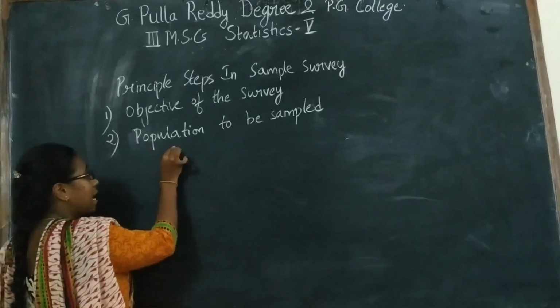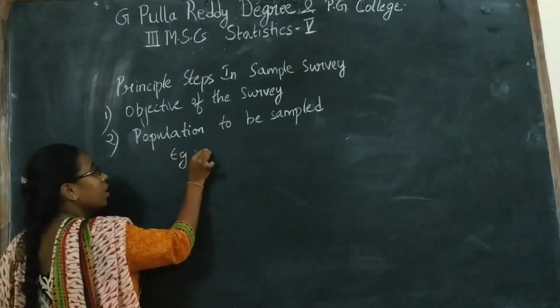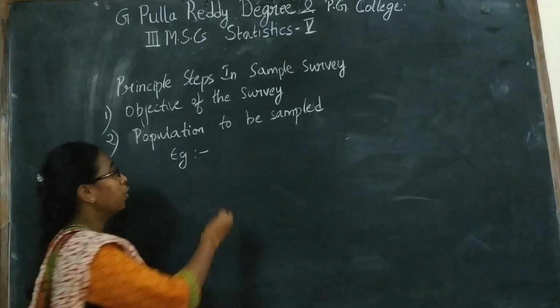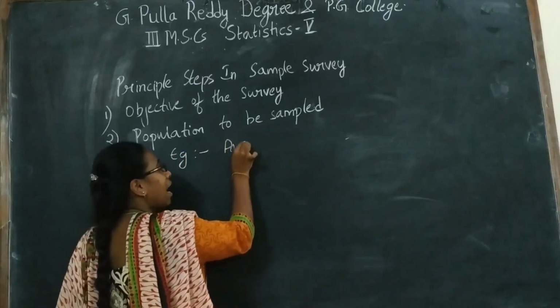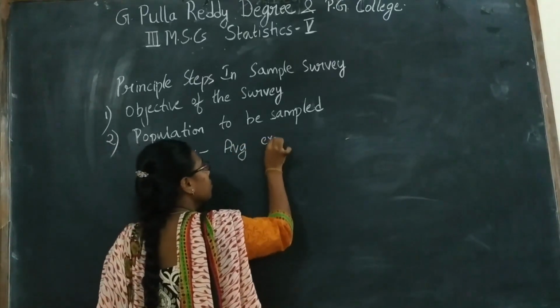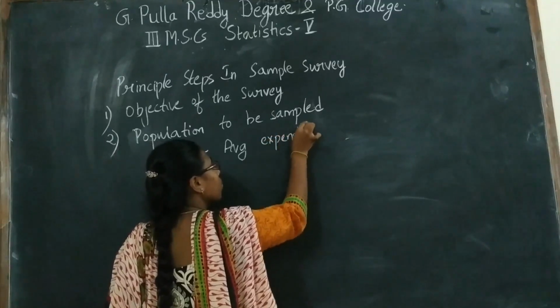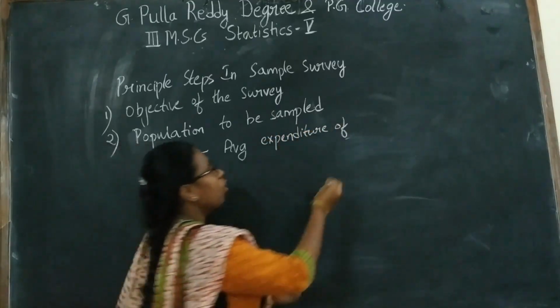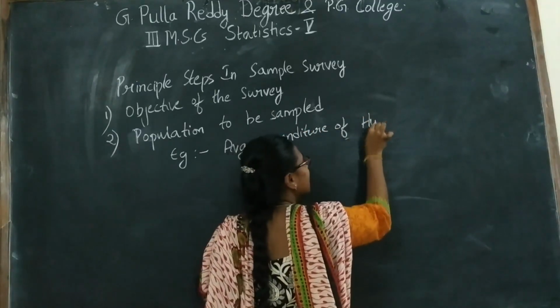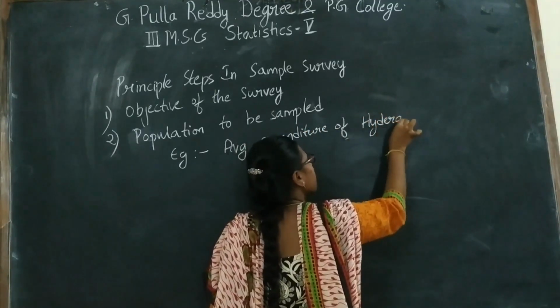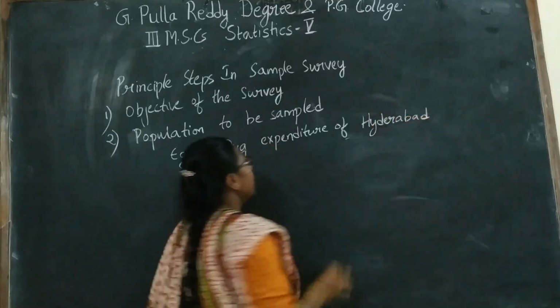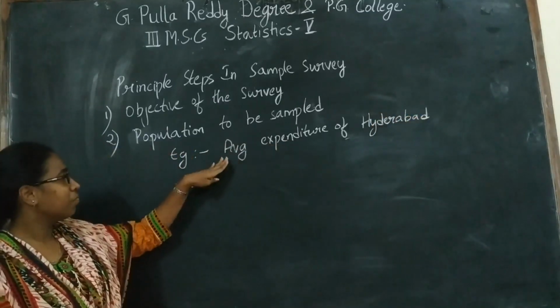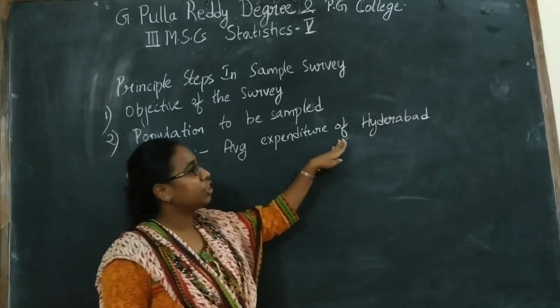Suppose for example, if I am conducting a survey to know the average expenditure of a particular area, suppose I am considering Hyderabad. So here my objective is I am finding out the average expenditure of the Hyderabad.